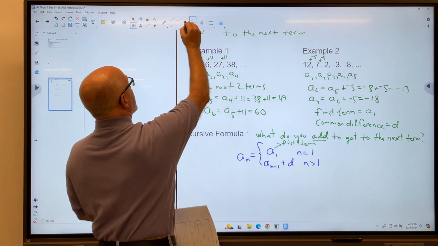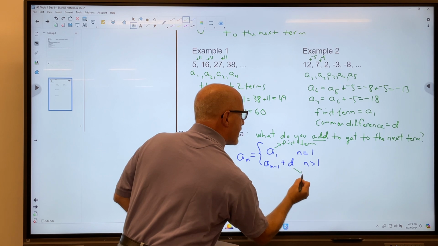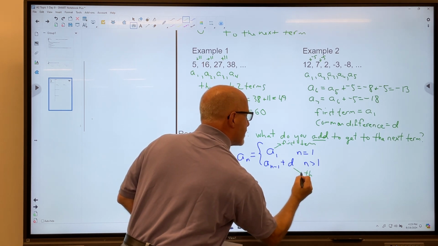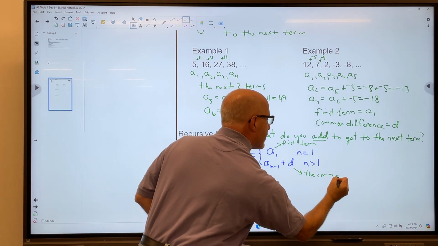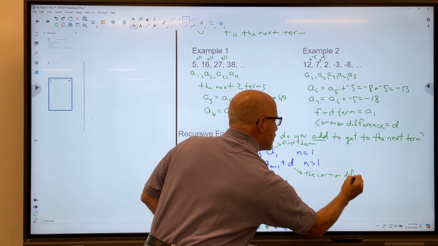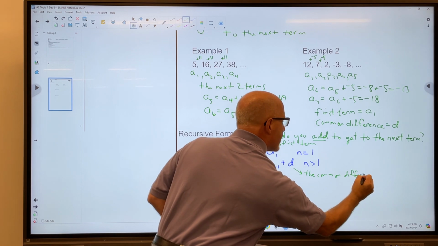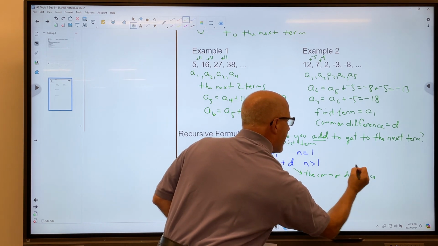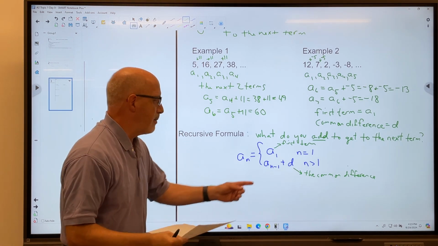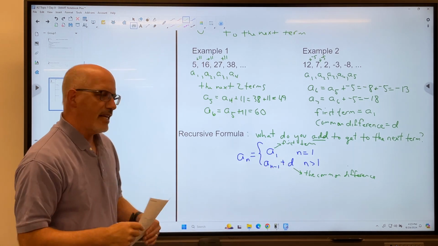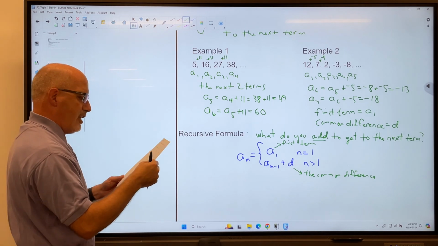This is called the common difference. Those are the two pieces of information you need to describe it. Where do you start? What's the first term? And what do you add on each time? So really we're filling in a sub 1 and d each time.